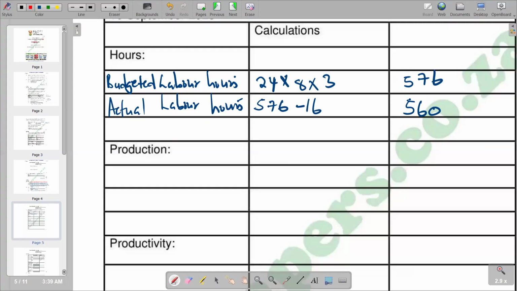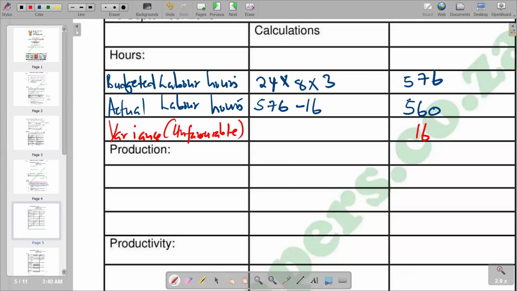So we come here and say variance, in brackets, unfavorable. It is a variance of 16, whereby you say 576 minus 560.